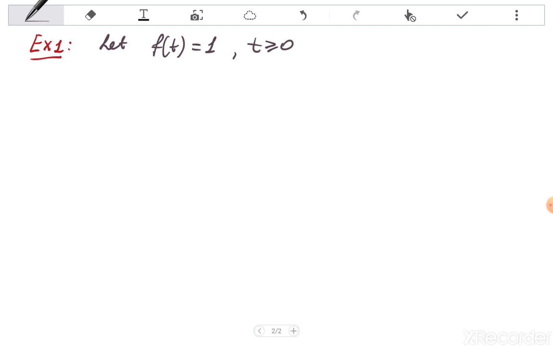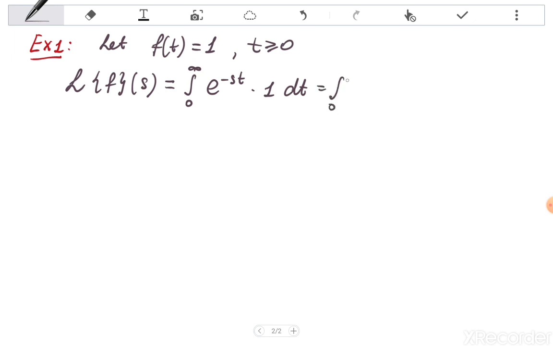Let's find the Laplace transform of this function. The Laplace transform of the function f at a point s is the integral from 0 to infinity e to the minus st times the function dt. So times 1, right? Or this is just the integral from 0 to infinity e to the minus st dt.